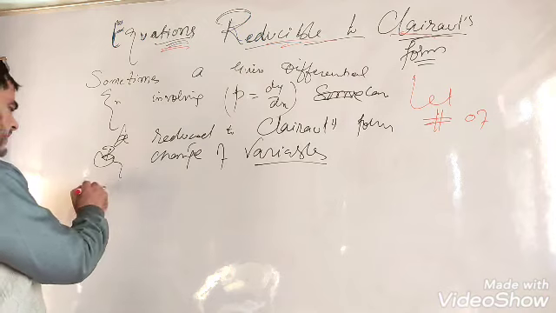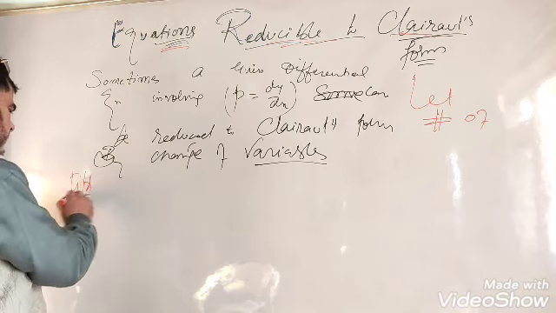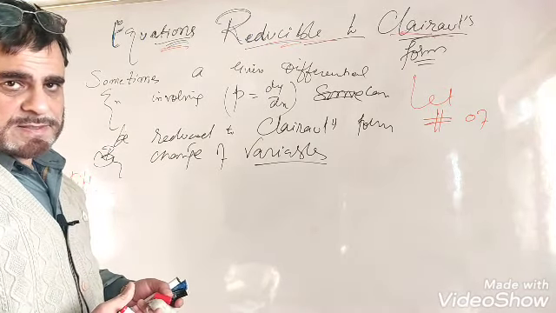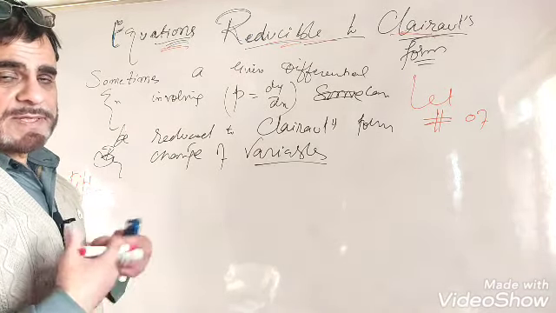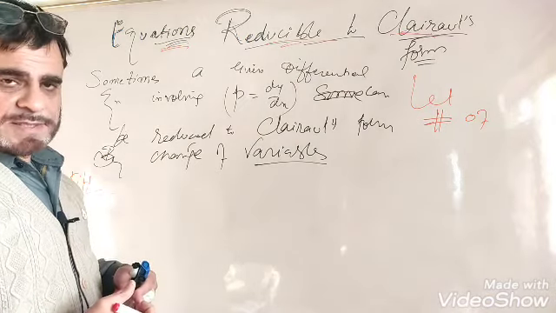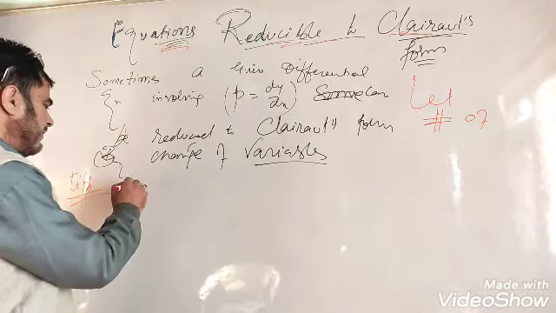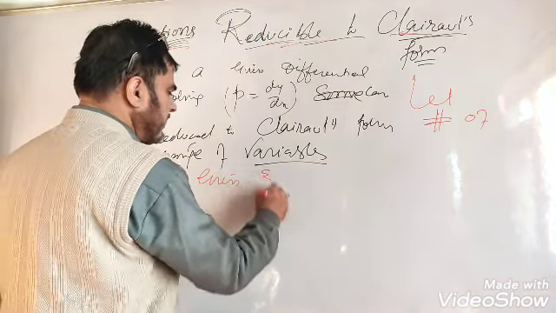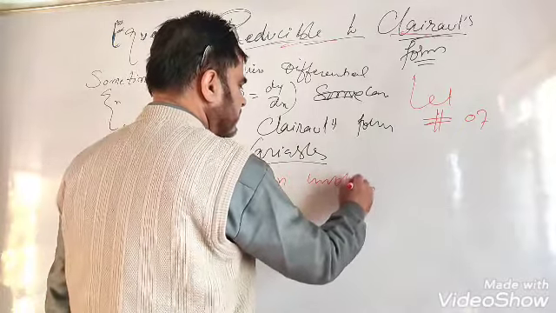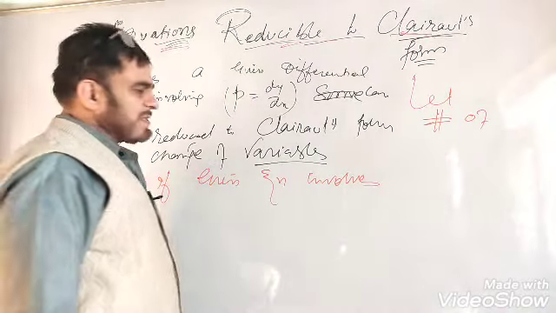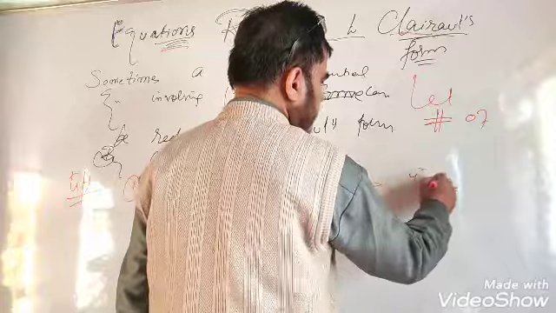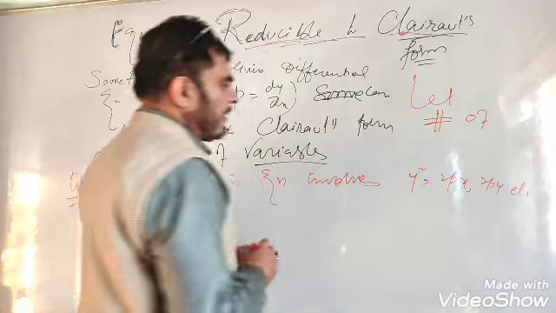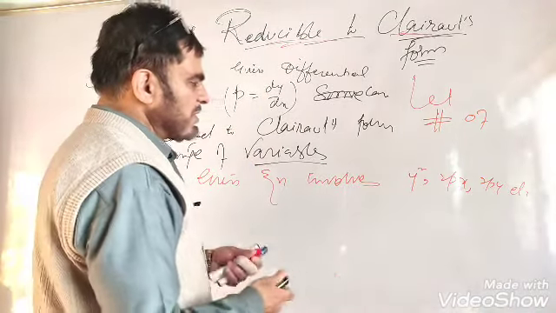These are the tips for reducing the given differential equation which is not directly Clairaut's. We want to see can it be reduced into Clairaut's form. Number 1 is, if given equation involves terms like y square, 2px, 2py, etc., we have a suitable substitution.